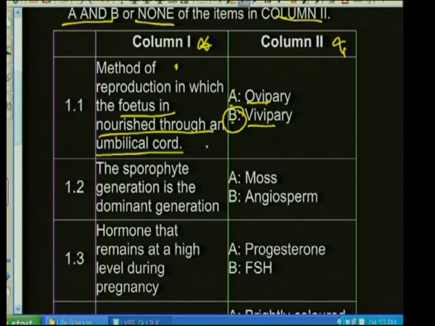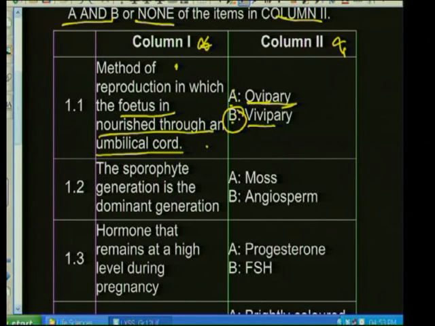Vivipary means that the young are born alive, and that the fetus grows inside the mother, and there's a connection between the mother and the young. Ovipary is when an egg is laid, the fetus develops inside that egg, outside the body, and hatches from the egg. That would be ovipary.